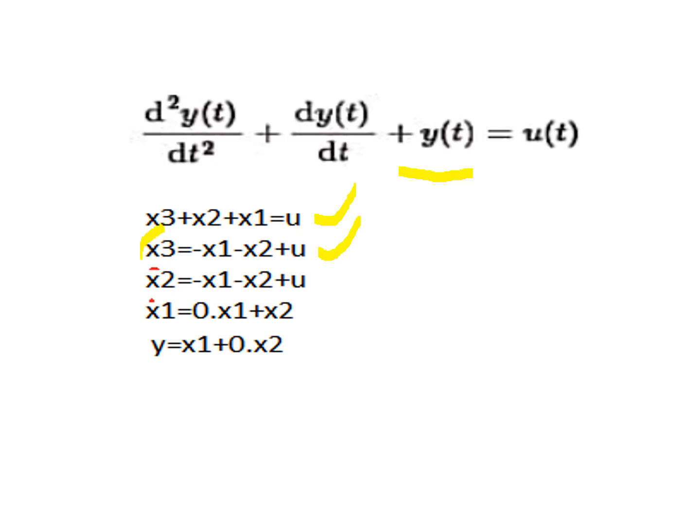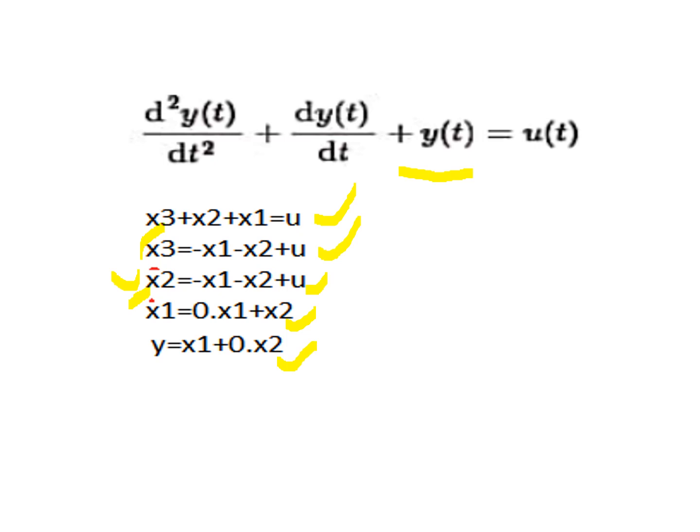Here x3 is nothing but x2 dot, so in place of x3 substitute x2 dot, and then we get this equation. Similarly, we know x1 dot is nothing but x2, and the output equation y is nothing but x1.